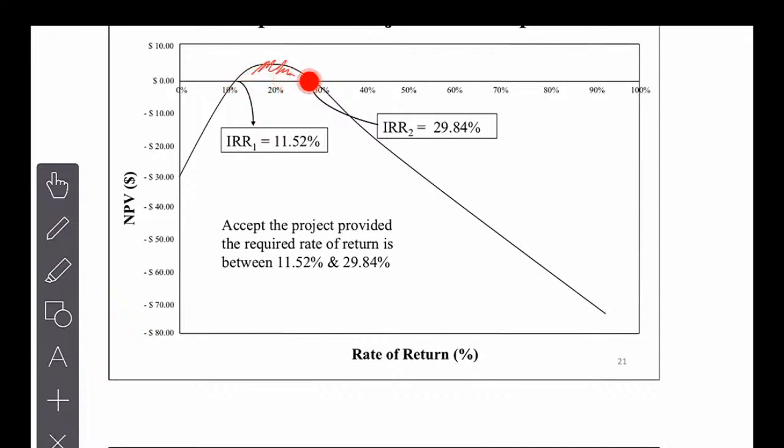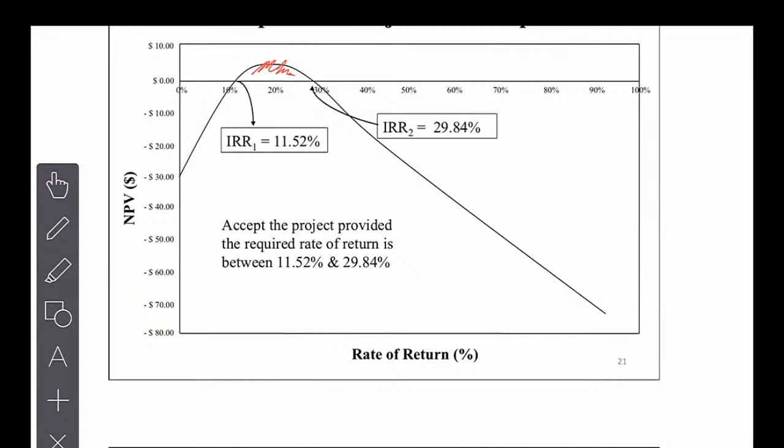So in conclusion, as long as the discount rate that you use, so if we still apply the 15% that I was using before, and I said that is my required rate of return, at 15%, I would accept the project. And I would accept the project for any discount rate between 11 and about 30%, but no other discount rate.